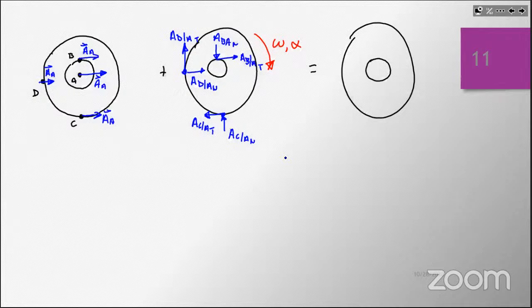Always. The tangential is always tangent to the path at that point. I made some assumptions here, and I assumed that my acceleration would be moving in such a way that alpha would be created, so we would maintain an angular acceleration in the clockwise direction.